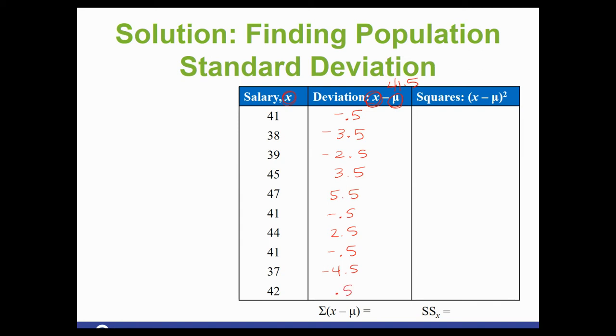Now, once you get through all of your deviations, you could check it by adding them up real quick. So I'm adding up this whole second column. And every single time you should get 0.